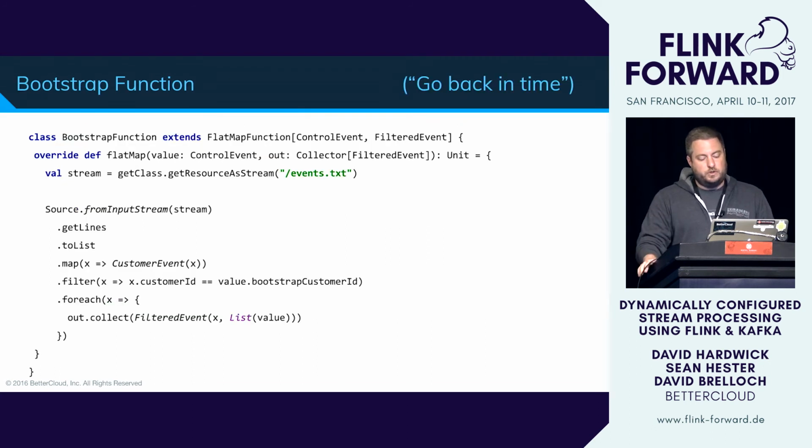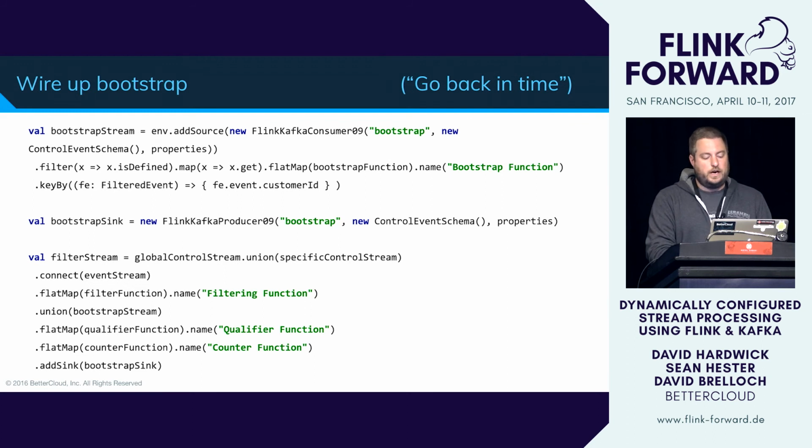And we've got this bootstrap function. For this demo, we're just reading from an events.txt file instead of a database or anything like that, just to keep things simple. All this does is it reads the events.txt, converts them to customer events, filters out any customer events that we care about, and then for each one, it outputs a filtered event into the qualifier, so it's going to take the exact same path as before.